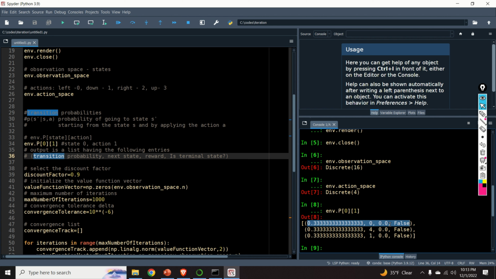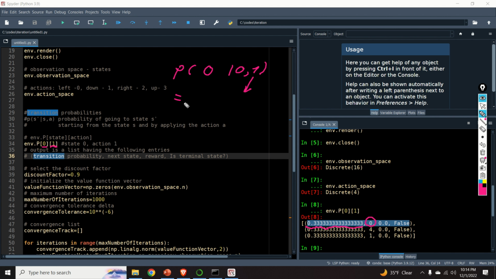So the interpretation is the following one. We are currently in the state 0, so we type P and we have 0 over here. This number, 1, is the applied action, which is going down. The next state is given over here, and it is 0. This number over here is the transition probability.